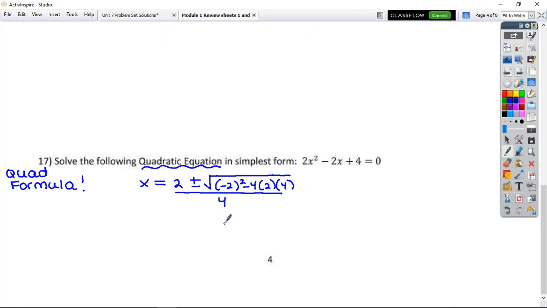Now I keep going, I get the value underneath my square root. And this is what I'm curious if we remember or not. What do you get underneath your square root? Negative 28. Thank you. You're right. All over 4.